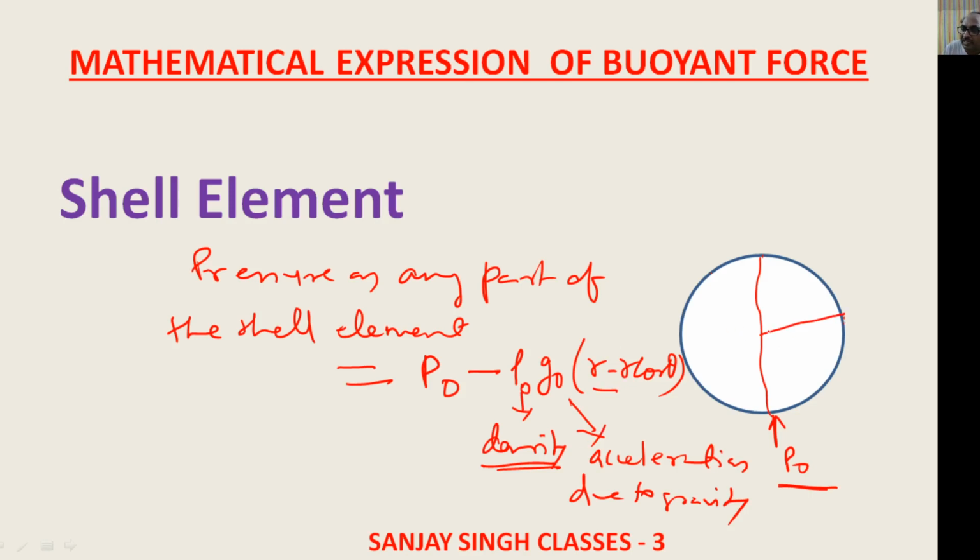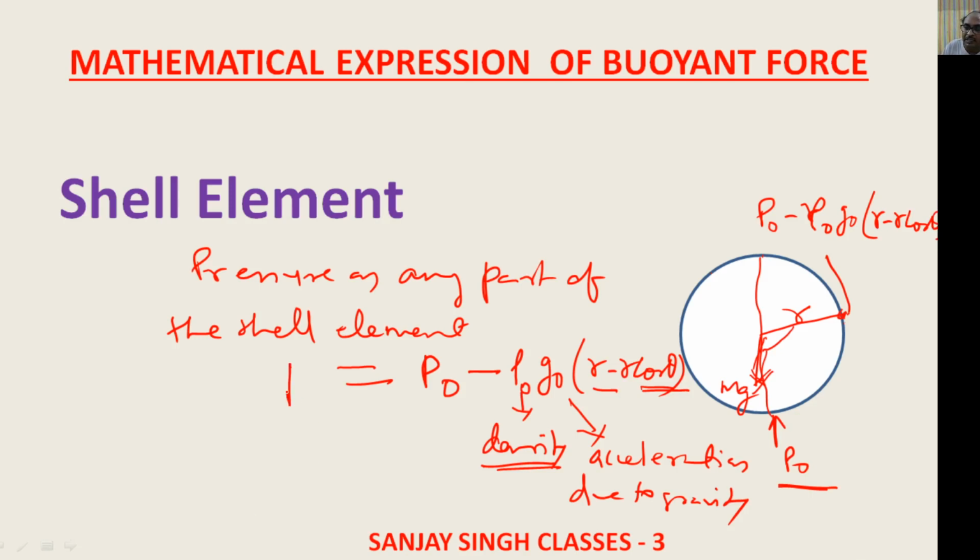and vertically its weight. So the weight of the body or the object, mg, is acting vertically downwards, and this theta is the angle between this radius vector r and the weight which is acting downward, that is mg. So if we want to find the pressure on this particular point, it will be P0 minus rho 0 Z0 R minus R cos theta.